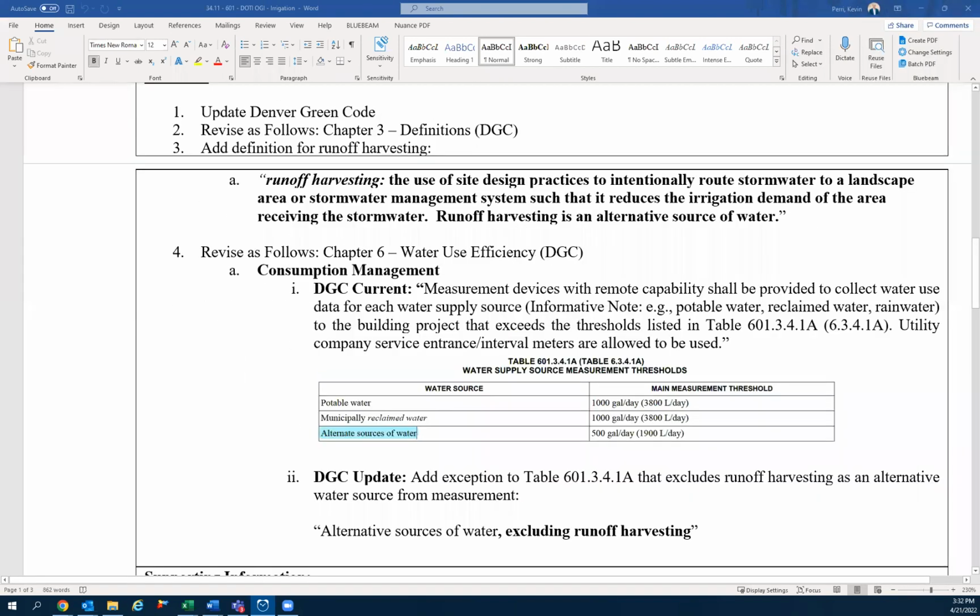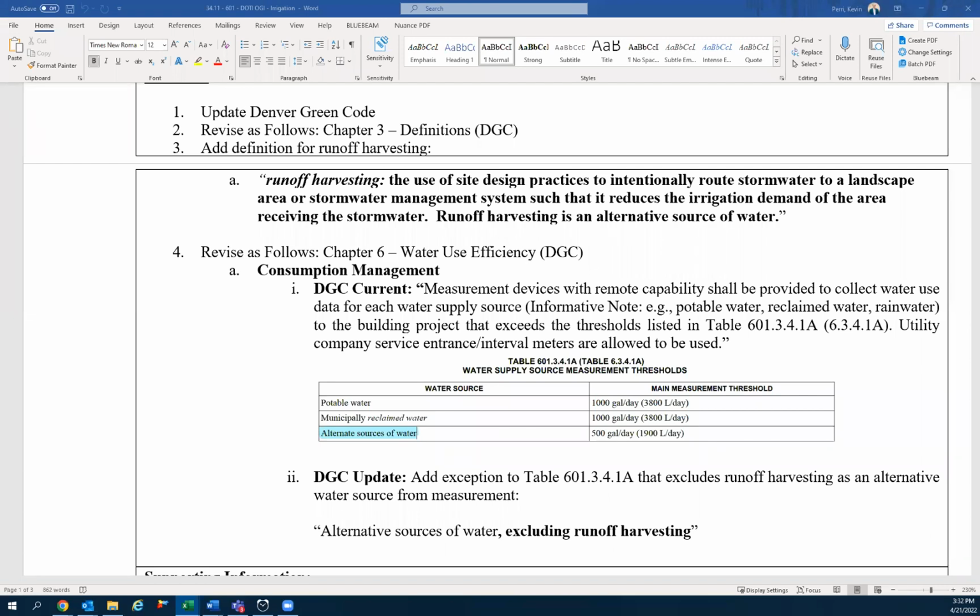Yes, this proposal is sort of at the interface of stormwater and irrigation. The revised code mentions using alternative sources of water in irrigation as a way to reduce potable irrigation demand. And so the spirit of this is to formalize and define the use of stormwater to offset irrigation demand.